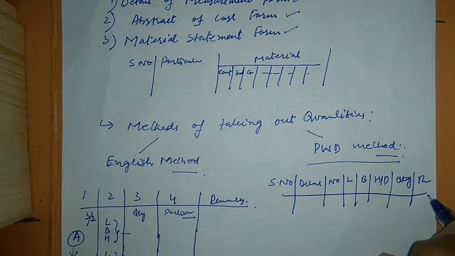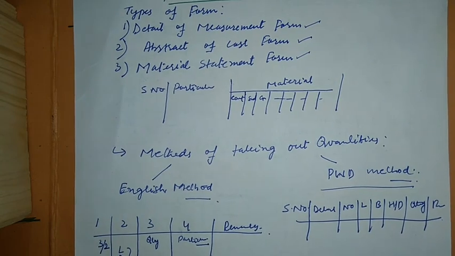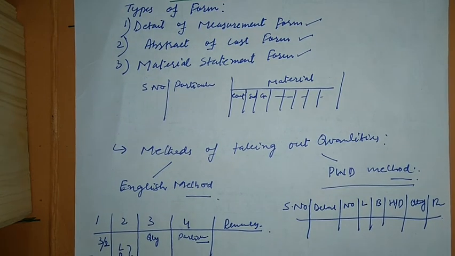This is the PWD method of taking out the quantities. Then in the PWD method we have two methods, that are short wall and long wall method, and the other one is center line method. In the last we will also see some thumb rules for calculating the quantities, but that will be discussed in the end.